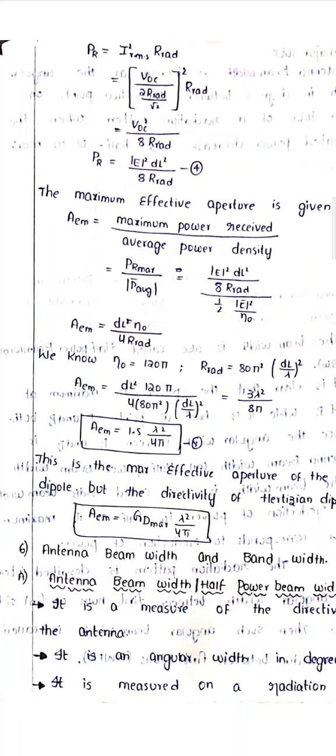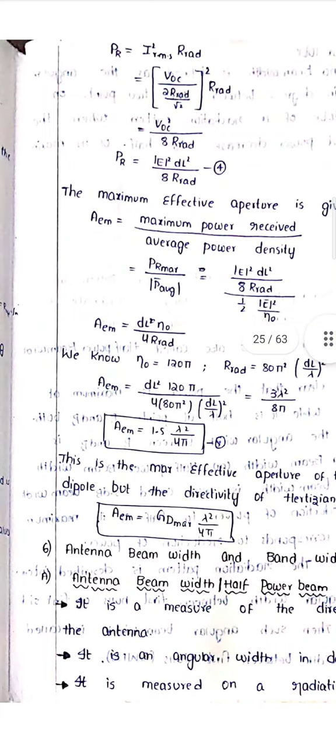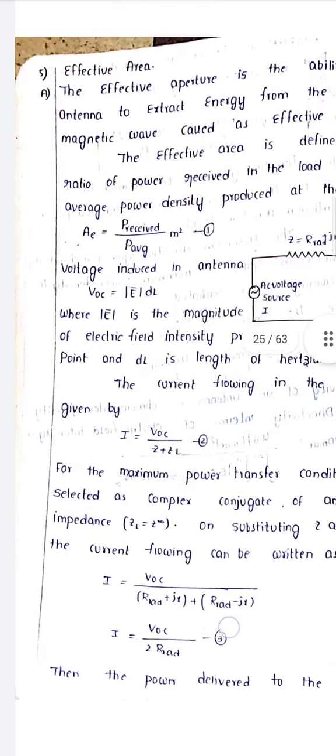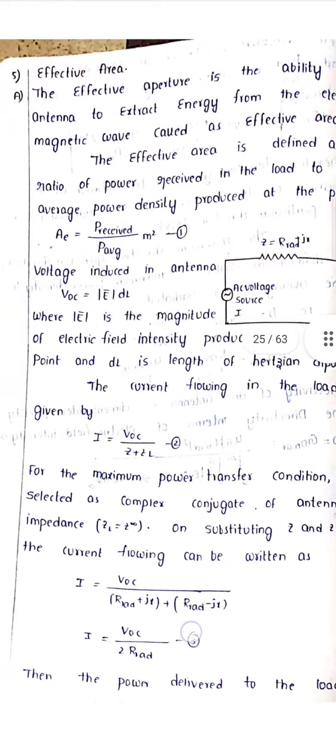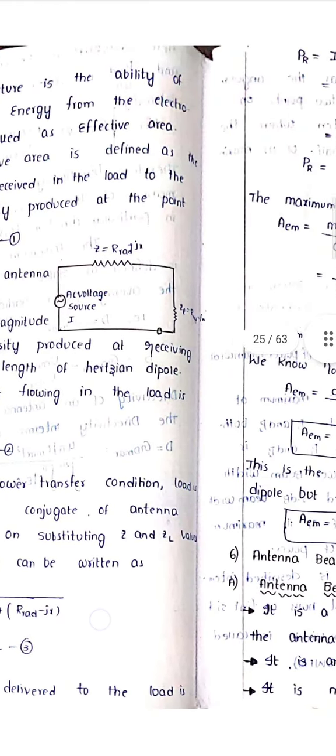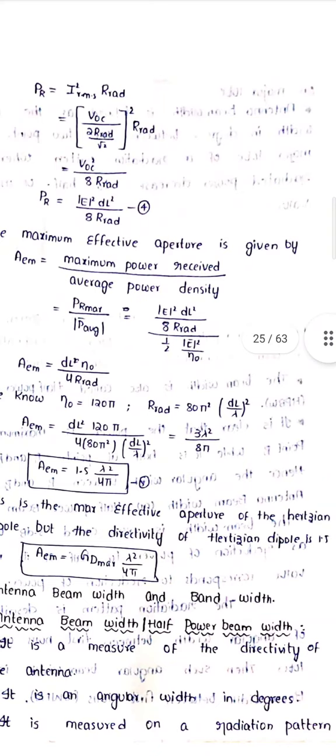The maximum aperture, that is the effective area, is defined as the ratio of the power received in the load to the average power density produced at that load. So maximum power received divided by average power density: P_R max divided by P average.